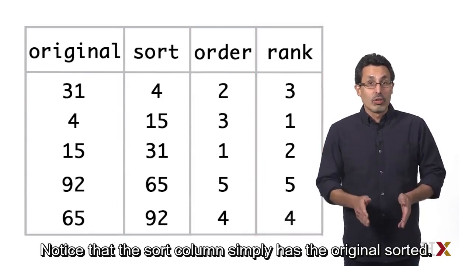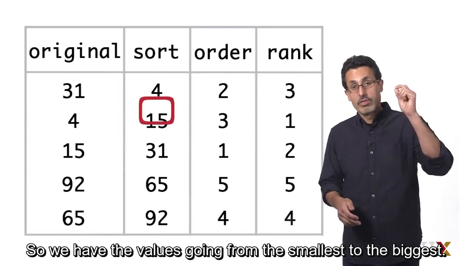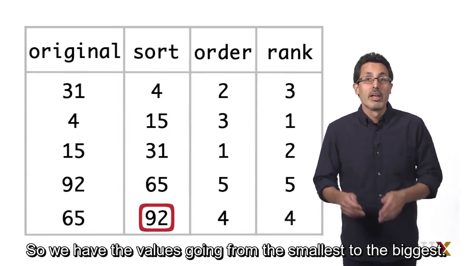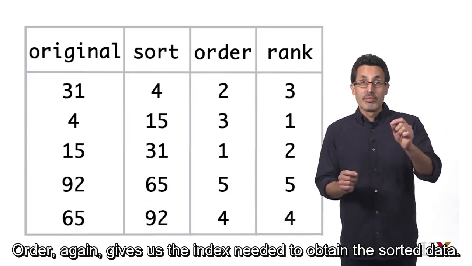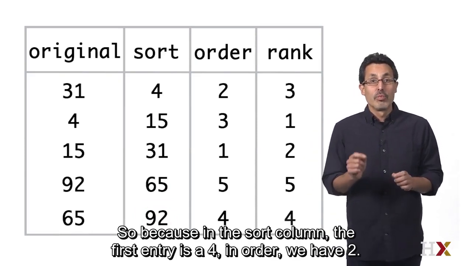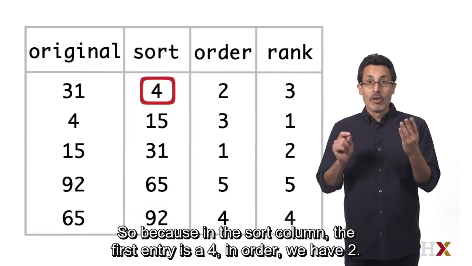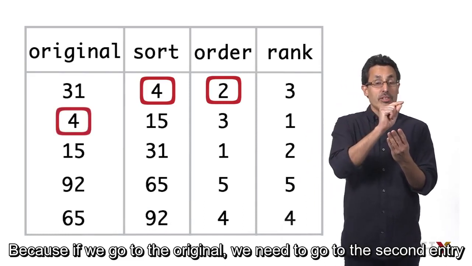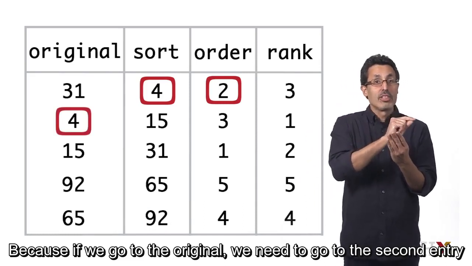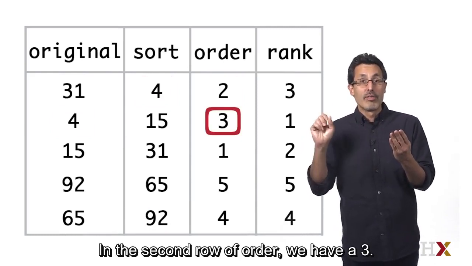Notice that the sort column simply has the original sorted, so we have the values going from the smallest to the biggest. Order, again, gives us the index needed to obtain the sorted data. So because in the sort column the first entry is a 4, in order we have 2. Why? Because if we go to the original, we need to go to the second entry to get that 4. In the second row of order, we have a 3.